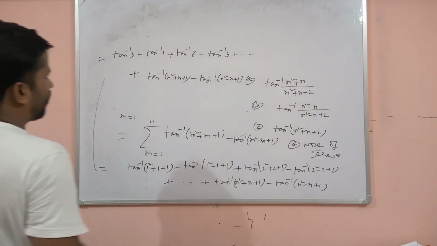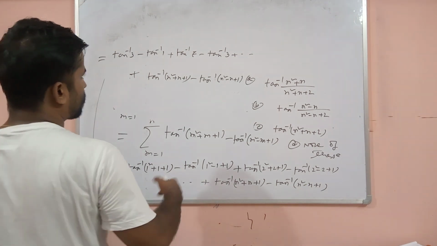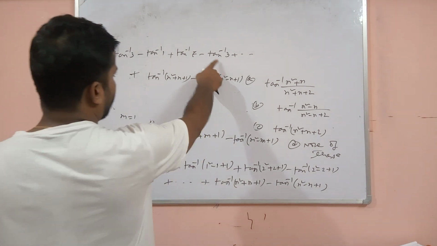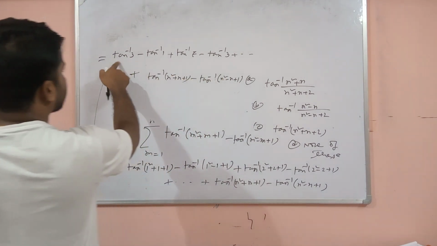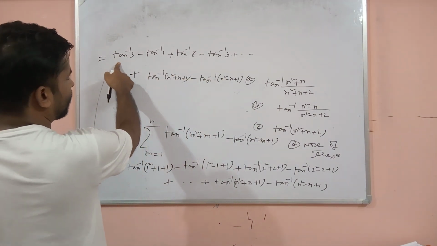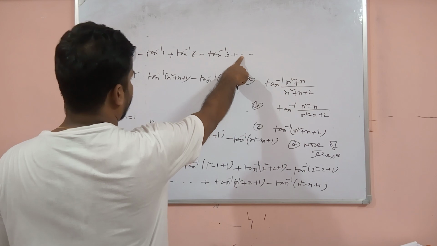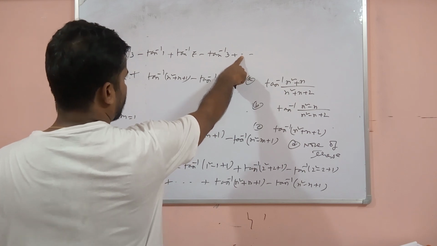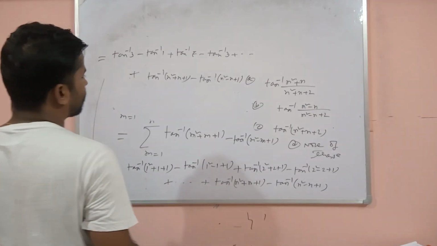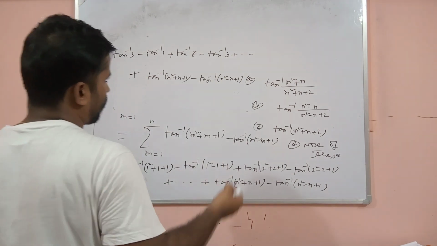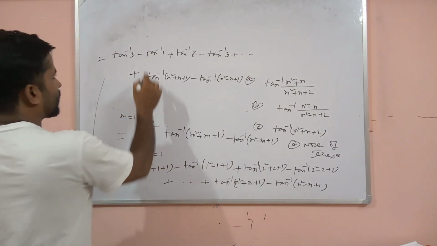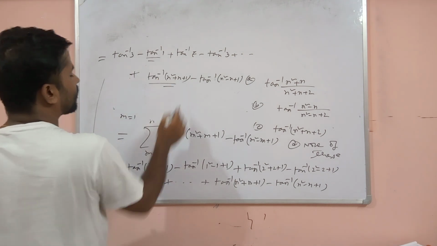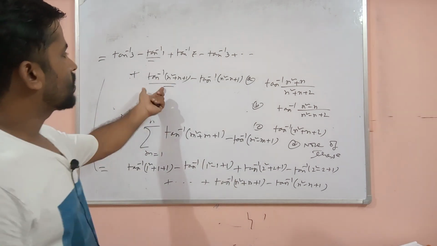Look at this sincerely, then you should realize how to cancel. Tan inverse 3 and tan inverse 3 will be cancelled. Likewise these and this, the fifth term, will be cancelled. Likewise all terms will be cancelled except the second one and the last one.